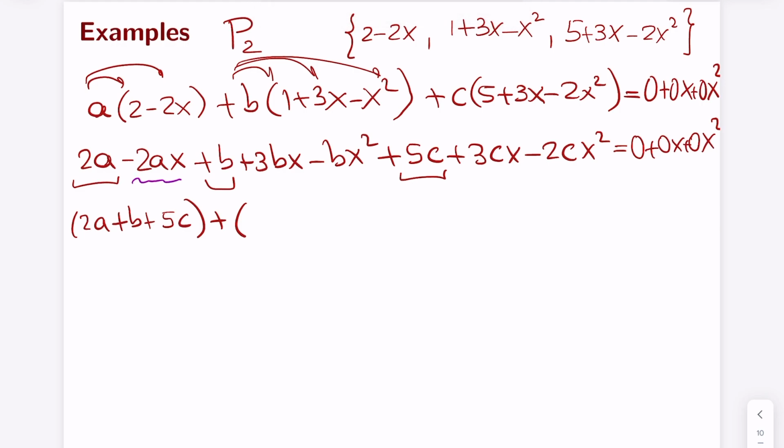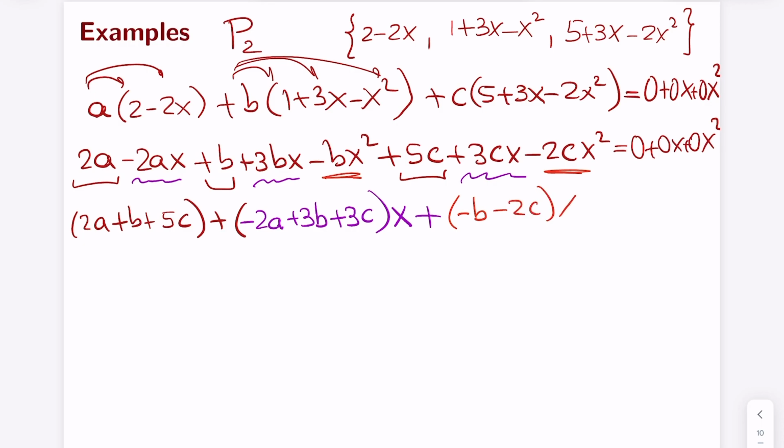So x to the power 1 will be this one and this one. And so that will be minus b minus 2c x squared. And that should be equal to the polynomial 0 plus 0x plus 0x squared.